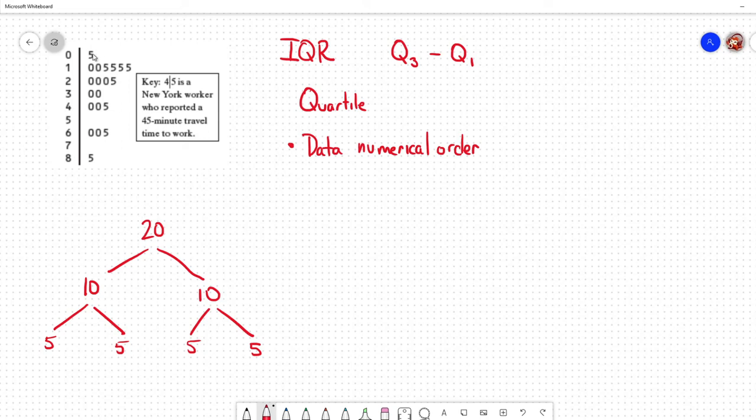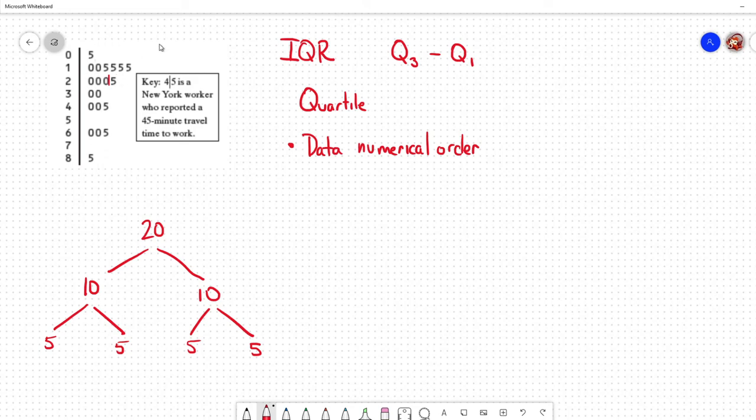So I'm going to count to the 10th number: 1, 2, up to 9, 10. Here's the 10th number, 20, and the 11th would be 25. So what would be the median, or the 50th percentile?